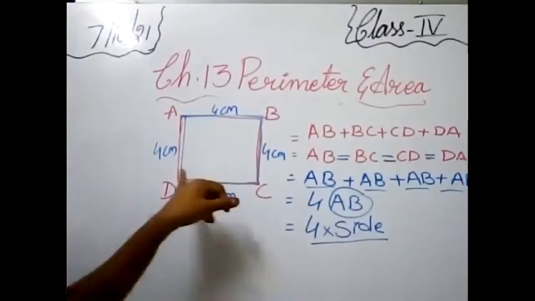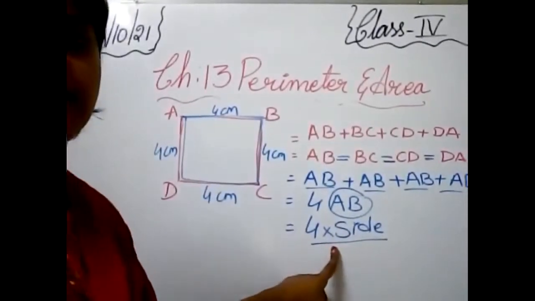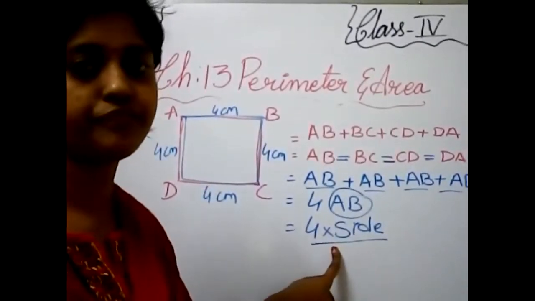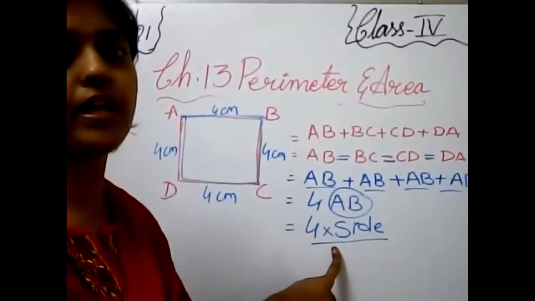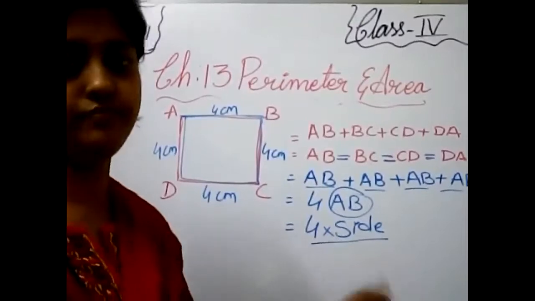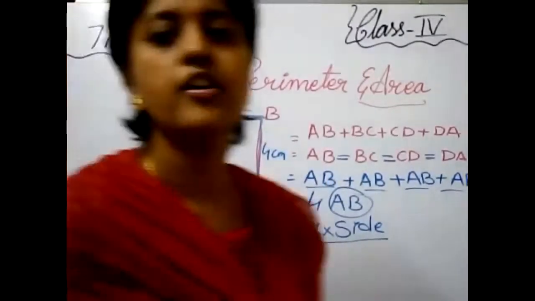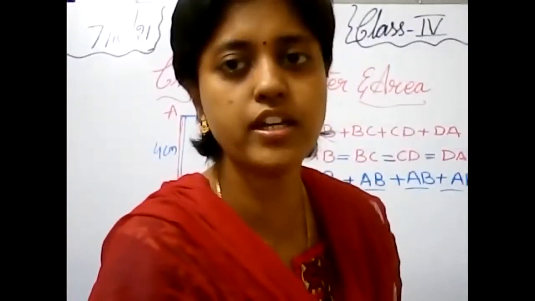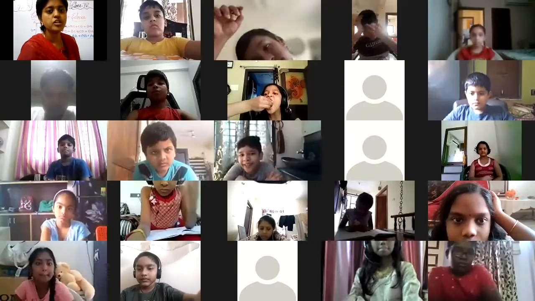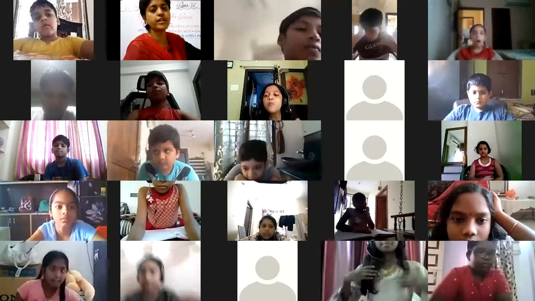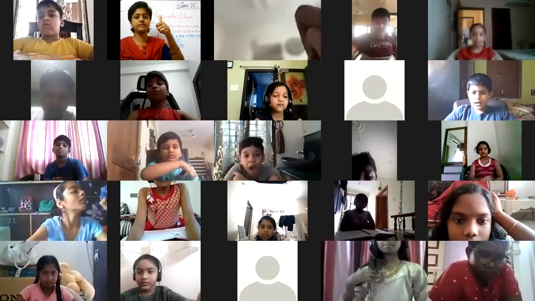So now tell me the perimeter of a square formula, children. 4 into side. 4 into S. Everyone, fold your hands and sit straight. So what have we discussed today, children? What is a perimeter?